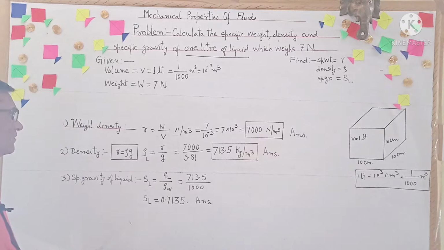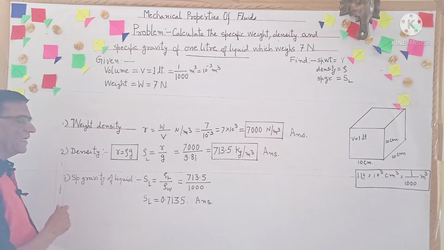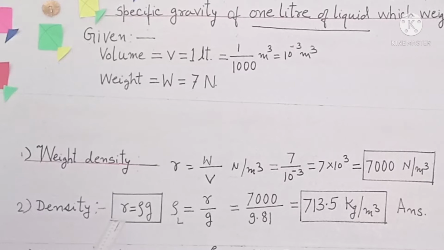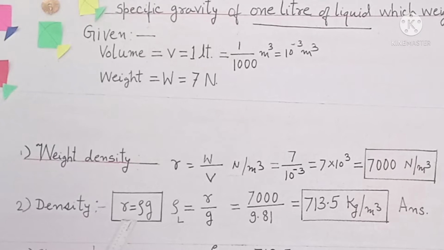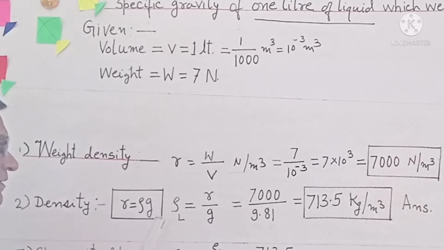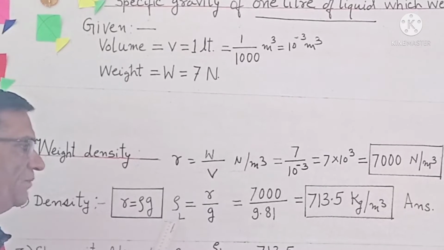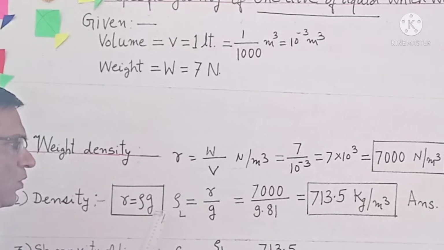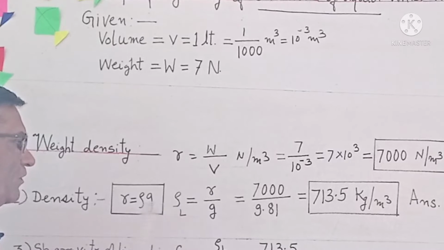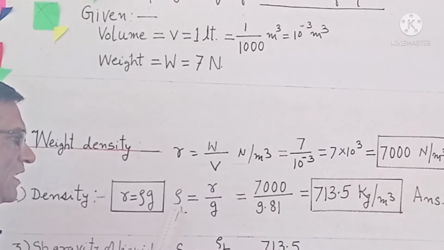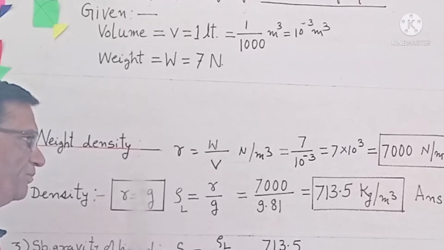Now second, from the formula we will calculate the density. From the formula gamma is equal to rho g, we will calculate the mass density of the liquid, rho L. From mathematical transformation, rho L is equal to gamma upon g.